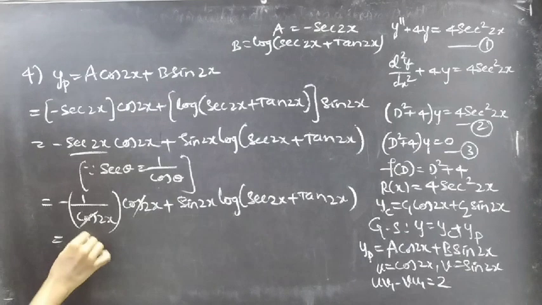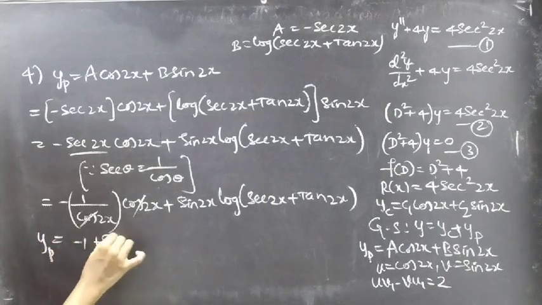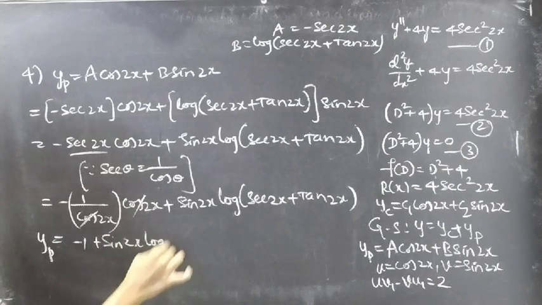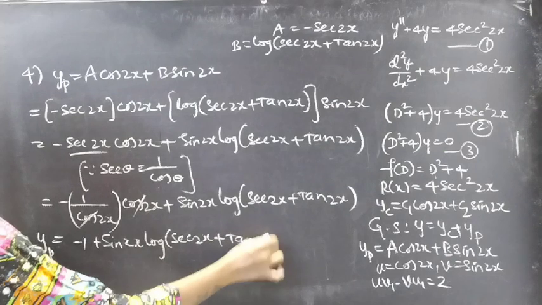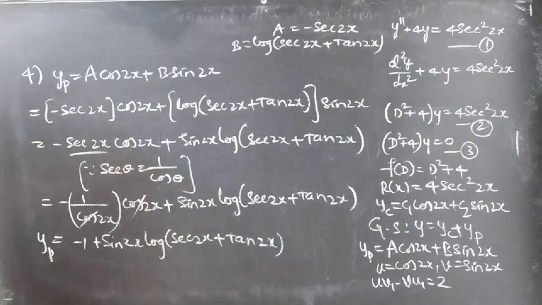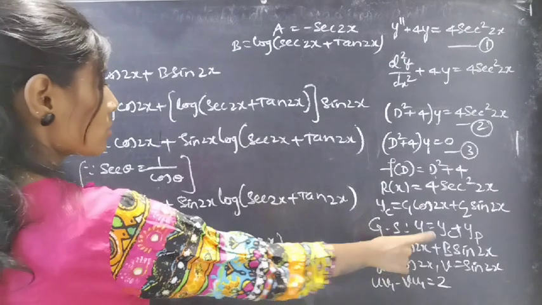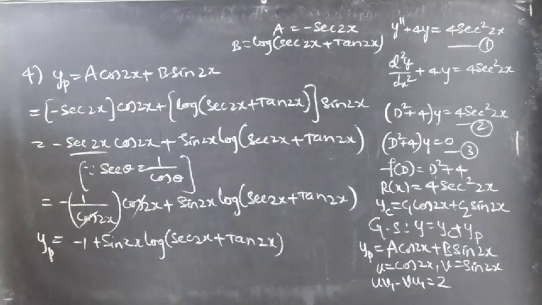Cos 2x gets cancelled and you'll get minus 1, that is yp equal to minus 1 plus sin 2x log of secant 2x plus tan 2x. We got yp and yc. Let's now write general solution using y equal to yc plus yp.